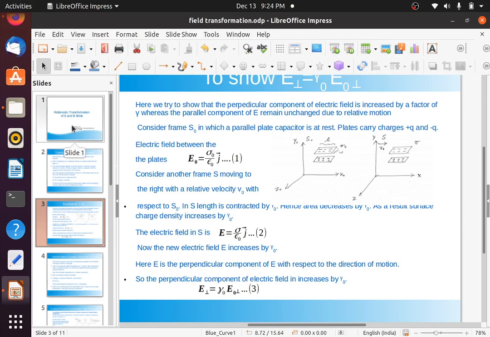Because of this, the length contraction is by a factor gamma. You can find out the area: it is equal to the contracted length times the width, so the new surface charge density also changes, because Q is assumed to be the same.